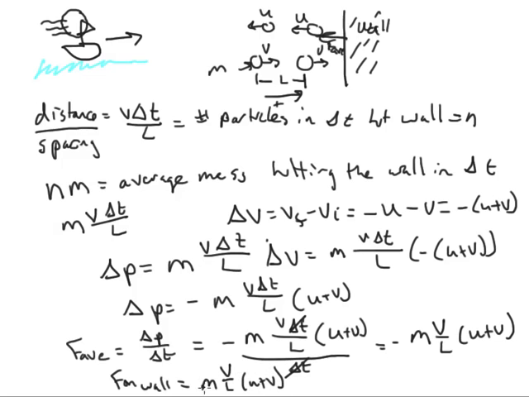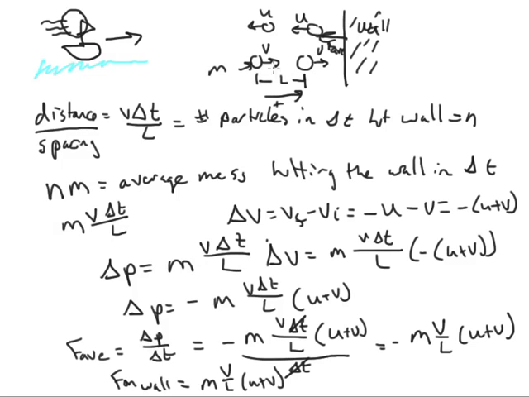So does this make sense? This is in the positive direction, so it means it's going to the right. We have a big gust of wind, the ship will accelerate to the right, so that makes sense. It's proportional to the mass of the air particles coming in, so if they're much more massive, then there'll be a greater force. That seems believable. It's inversely proportional to the spacing.